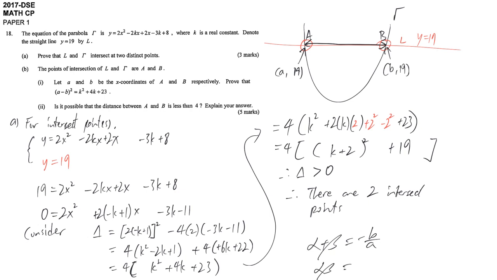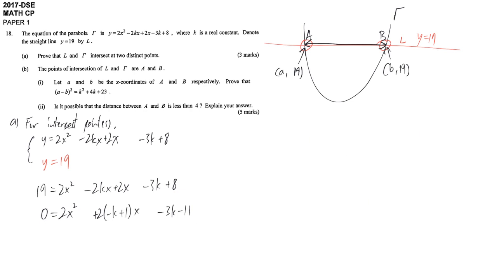Or we also know that the product of roots is c over a. That's what we are going to calculate. Remember, you are not going to solve what x is equal to. We are not going to do so. But in short, we just try to get their sum and their product to build up other components.